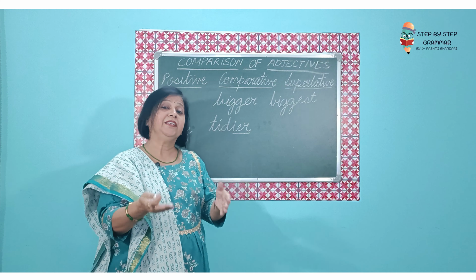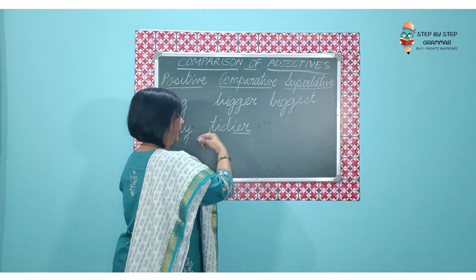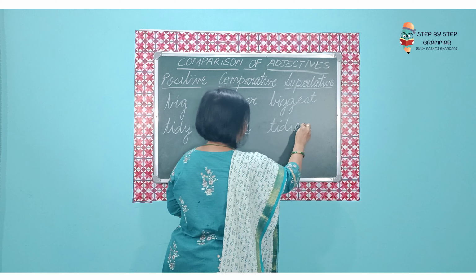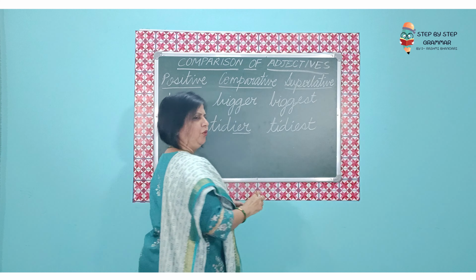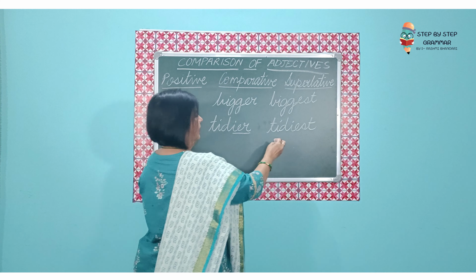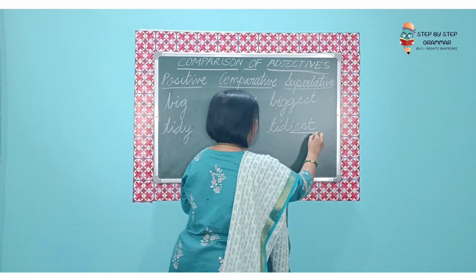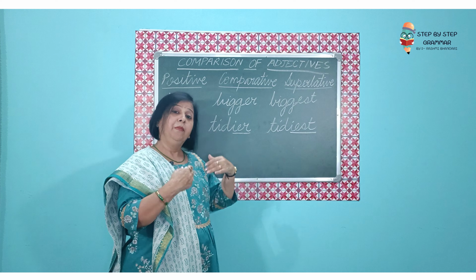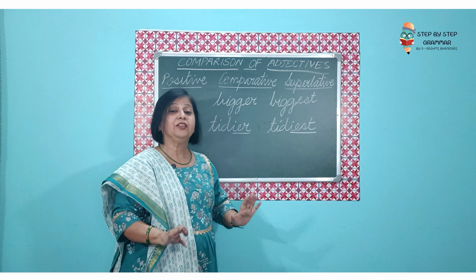My room is tidier than your room. And the superlative form, when we are going to compare 3 and above, then again drop the Y and add IEST. So it becomes tidiest. My room is the tidiest in the house.